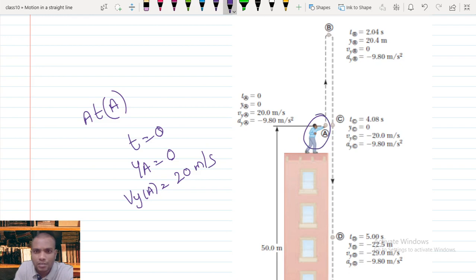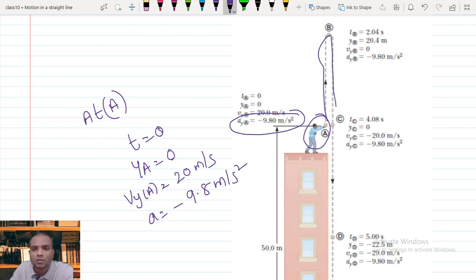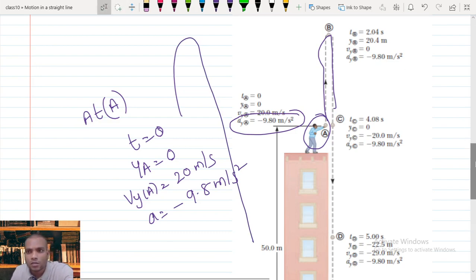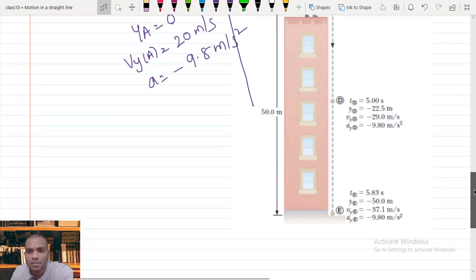And at this point, since it's a free fall, the acceleration we have to take is minus 9.8 meters per second squared. If you notice, this value of minus 9.8 remains constant during all the motion, while the object is going up and again falling back. During all the motion, the acceleration due to gravity remains constant.